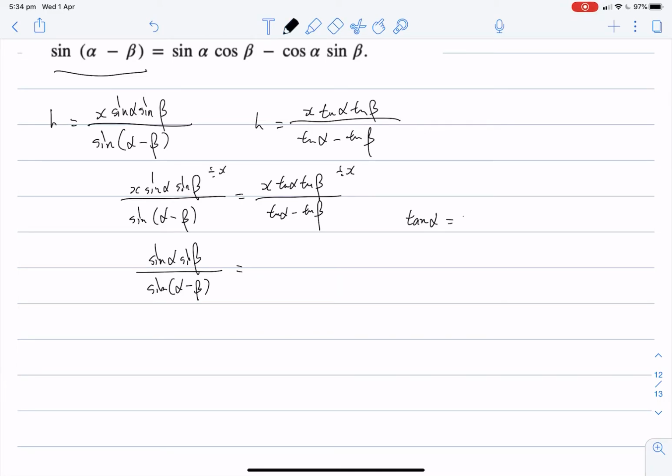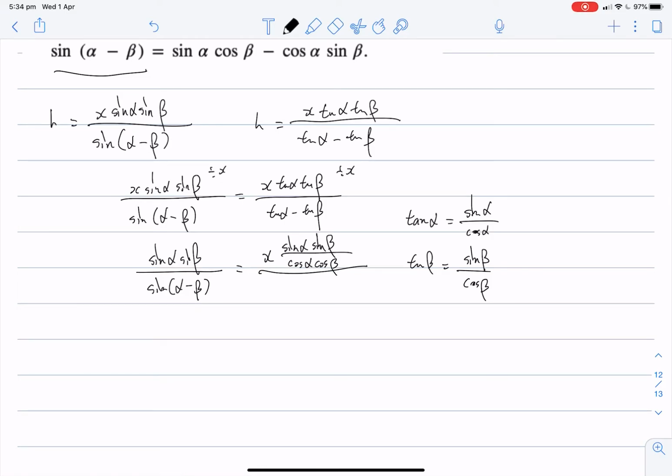Another thing here, we know that tan alpha equals sine alpha over cos alpha, and tan beta equals sine beta over cos beta. So all we need to do is substitute this in. So you've got x times sine alpha sine beta over cos alpha cos beta.